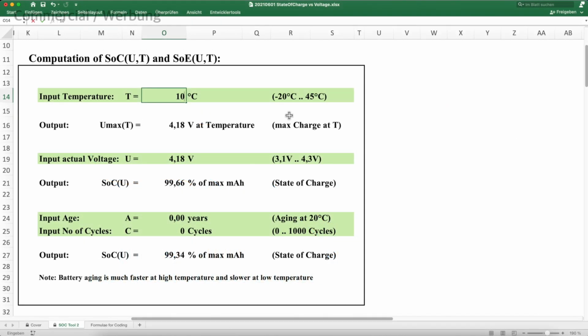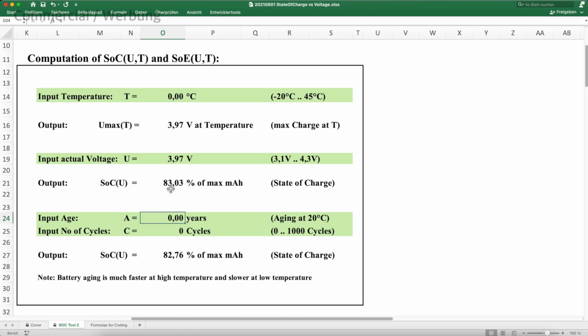The minimum temperature shall be 0 degrees Celsius. Inserting the 0 degrees Celsius, we can see immediately that this is giving us a drawback to about 83%.